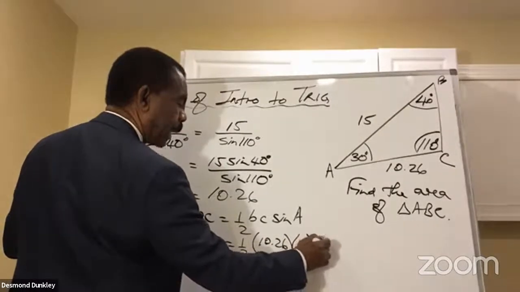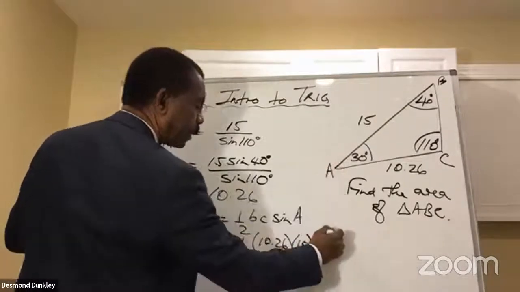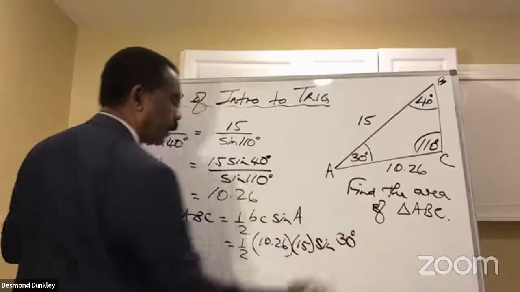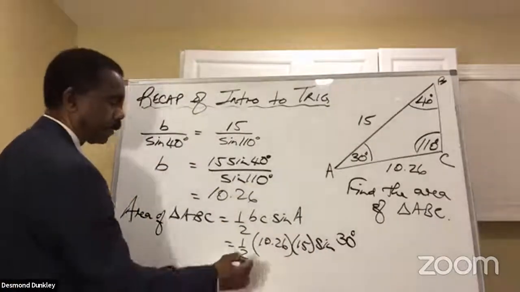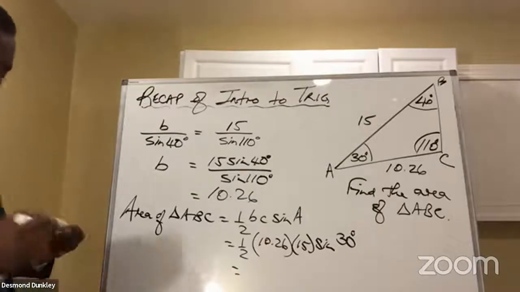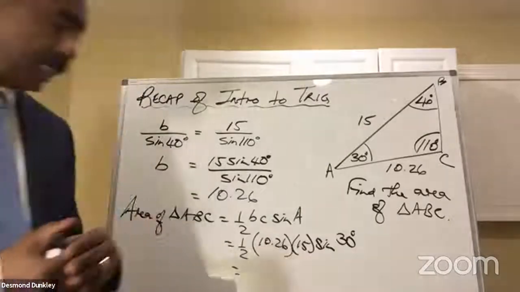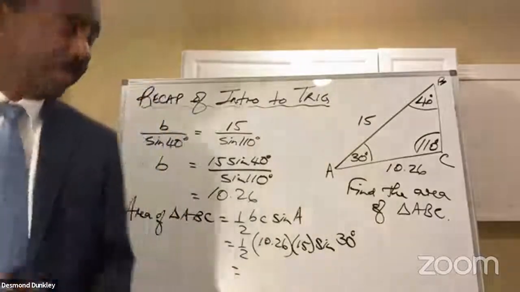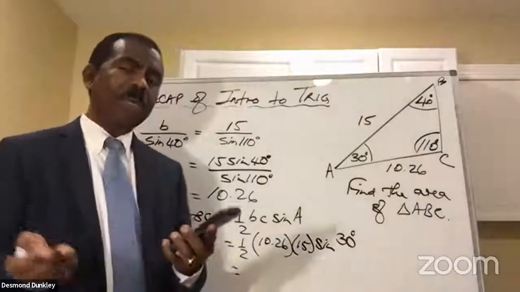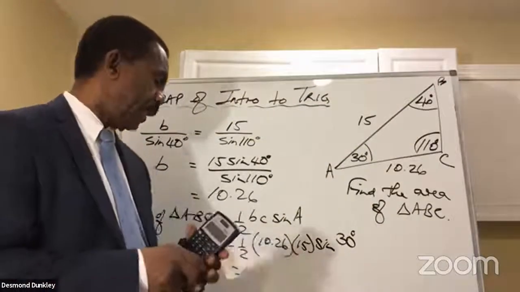And of course, it's the sine of the angle between, which is 30 degrees. Sine of 30 is a half. You might not know that, but I know sine of 30 is a half.